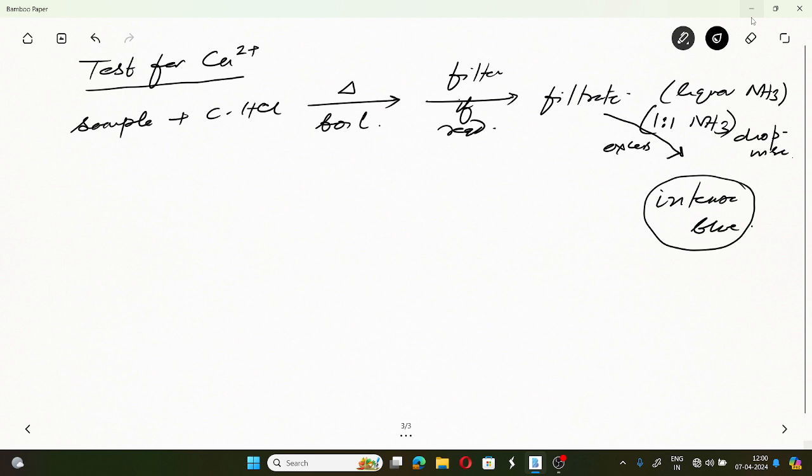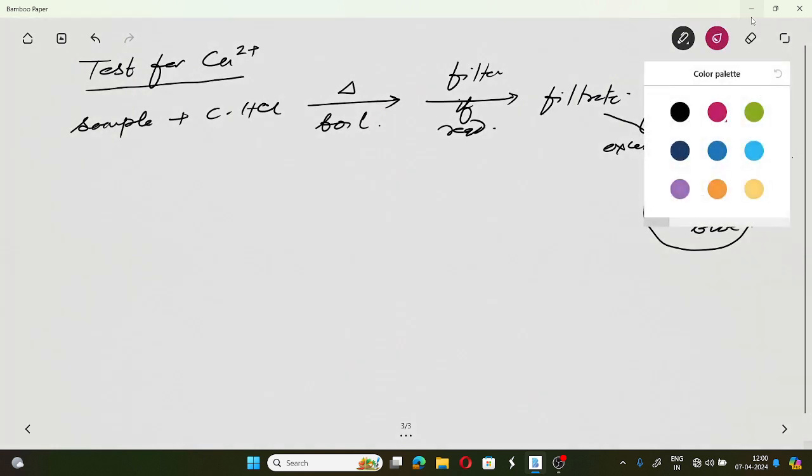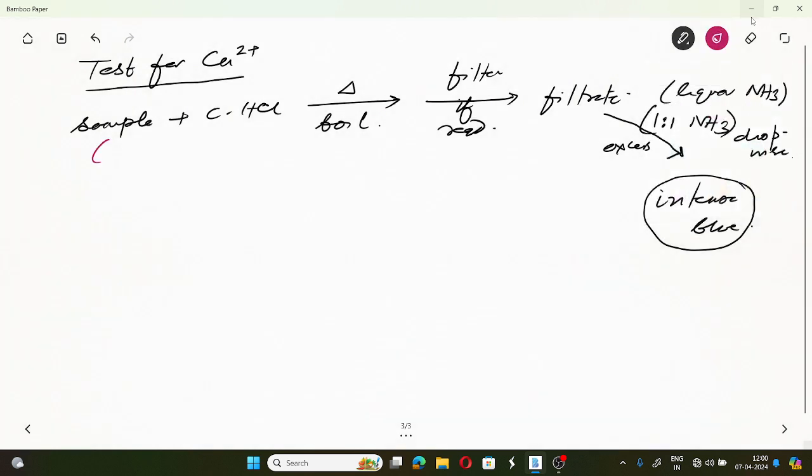But you also need to know that if your sample, in addition to copper, contains nickel 2+, you will get a similar type of intense blue coloration. So you cannot confirm by this test that copper is present.